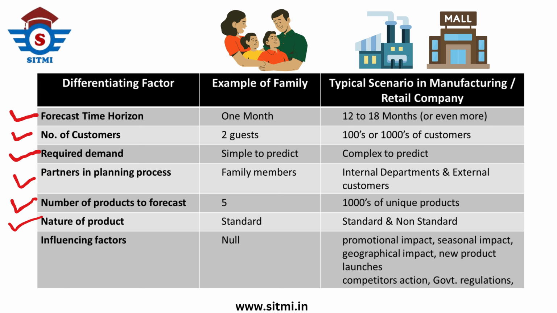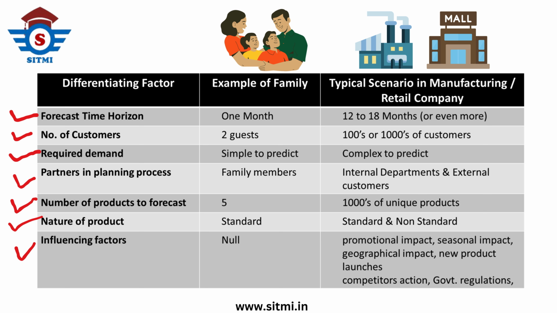Now, what is the nature of the product in our example? It is a standard product and it has less variety. But in an industrial scenario, there are non-standard products and thousands of unique products also. So having a demand forecast for such unique products in such a huge quantity is quite complex. Now, what are the influencing factors in our example?